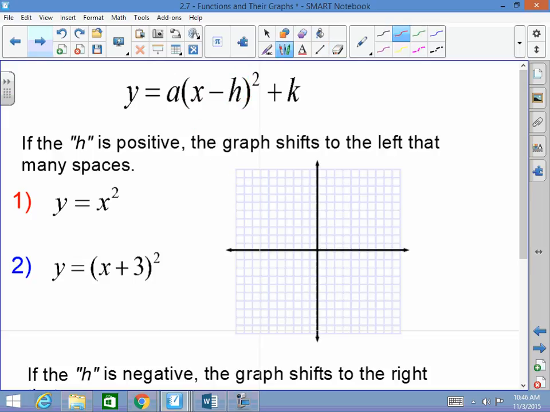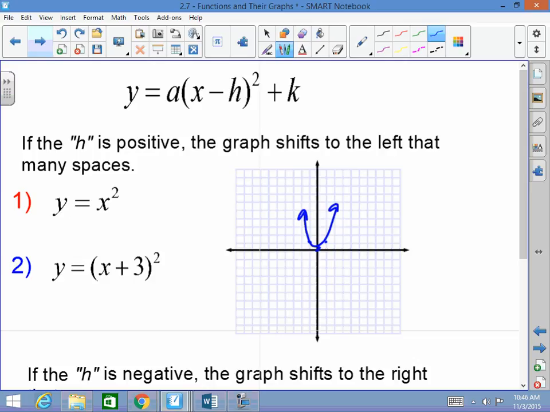Okay, my parent function again, 0, 0, 1, 1, negative 1, 1. Now, I can go ahead and make a table of values if I want to find the new points, or I could use the power of transformation.